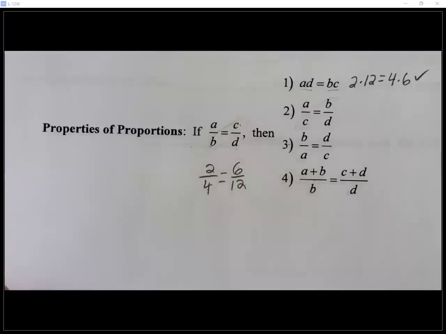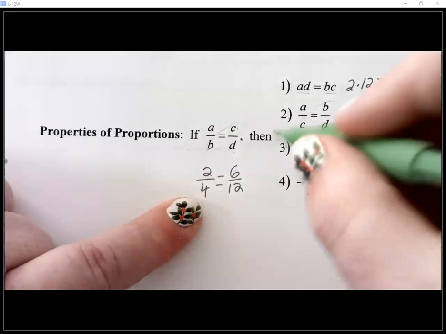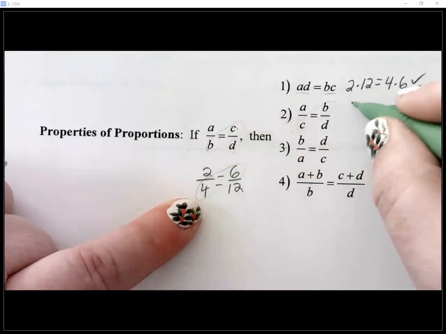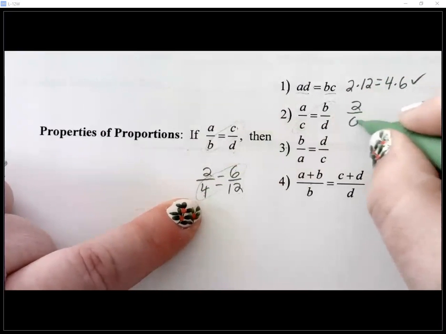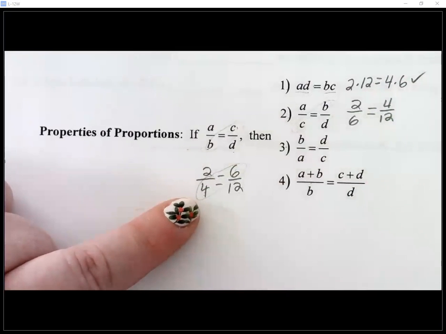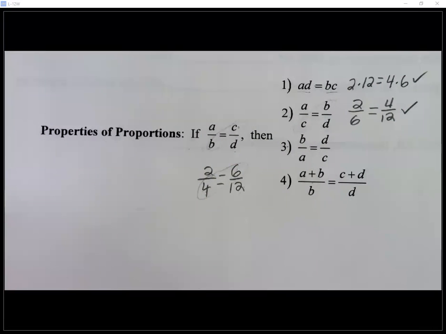Let's try with our numbers. I'm going to take my original proportion and swap just these diagonals. So the claim is that 2/6 would now be equal to 4/12. Is that true? It is. You absolutely can swap a diagonal. Isn't that interesting?